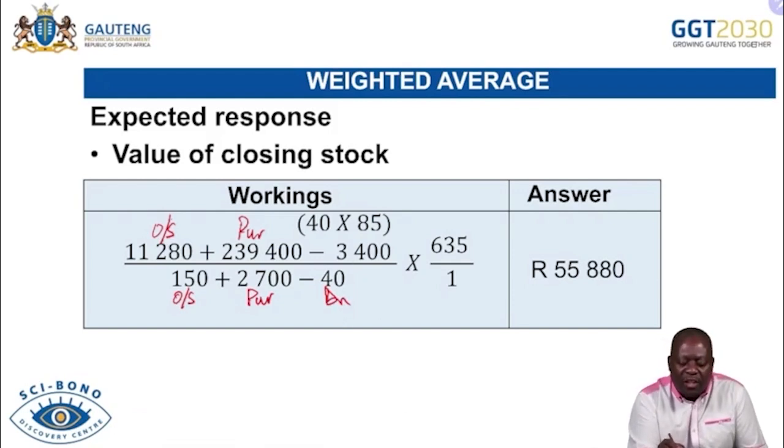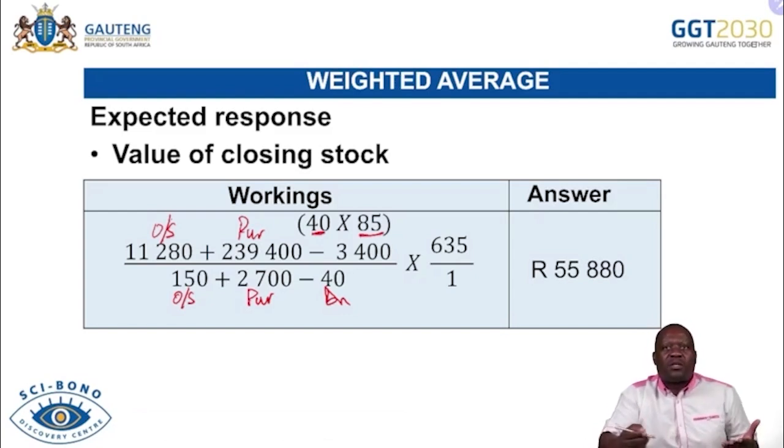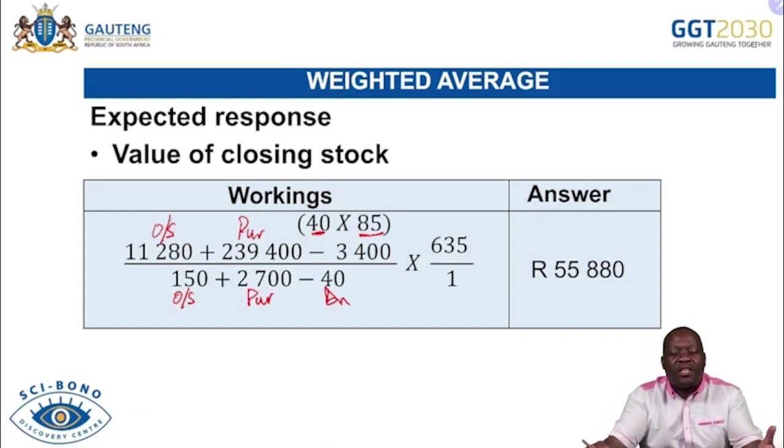But now we need to give a value to that. How do we go about it? We take the 40 units and multiply by the price per unit. Remember the price per unit: we must include that carriage. Because when we are valuing a unit, remember, carriage increases the cost of buying it. We bought it for 82, but we had to transport it for 3 rand per unit.